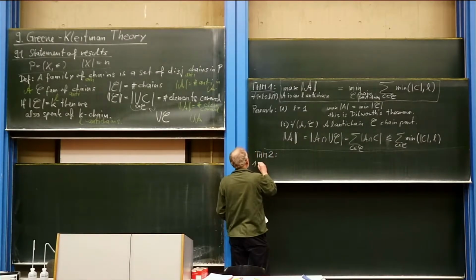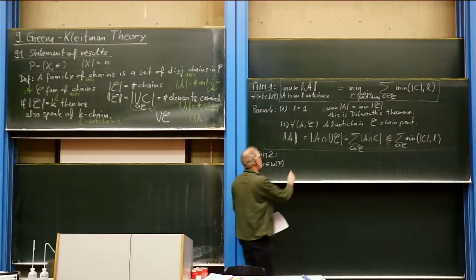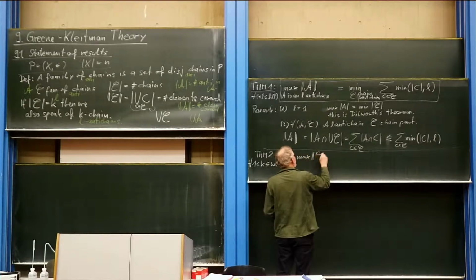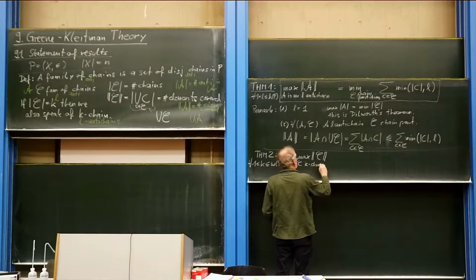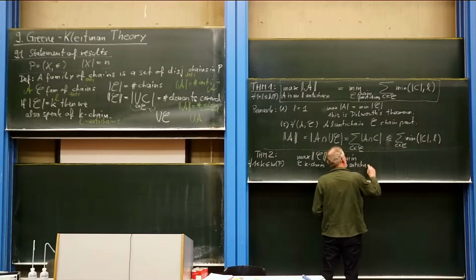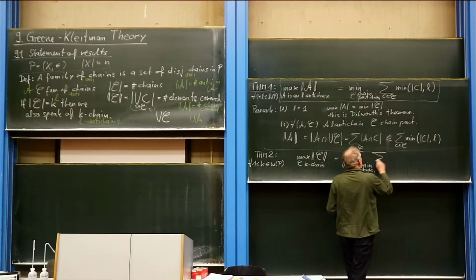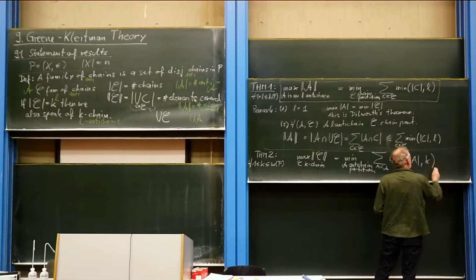So for every K between 1 and the width of P, the maximum number of elements covered by a K-chain is equal to the minimum, where the minimum is taken over all antichain partitions, and we weight every antichain in this antichain partition by the minimum of the size of this antichain and K.